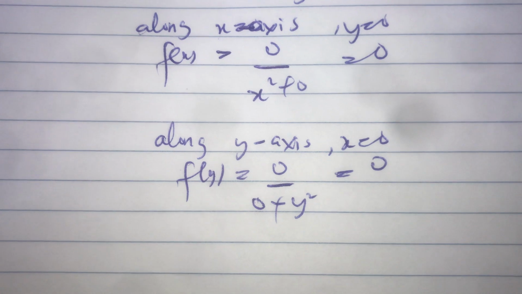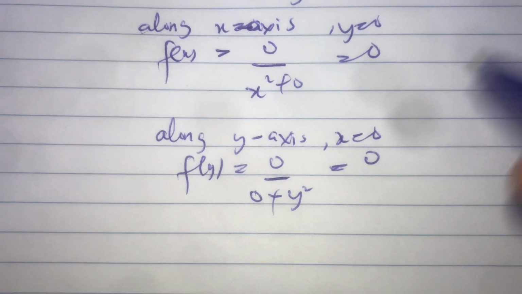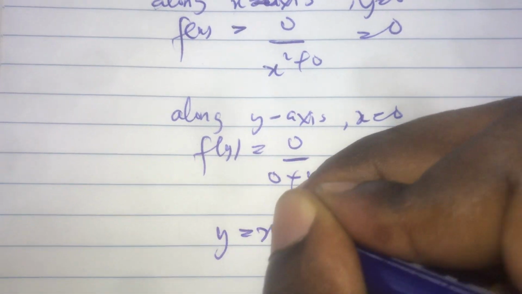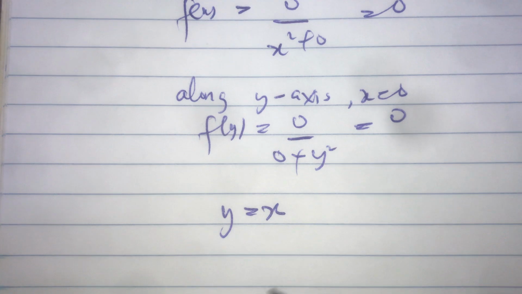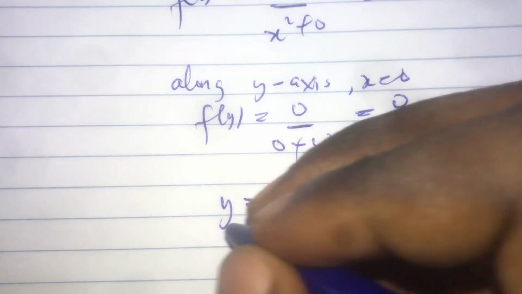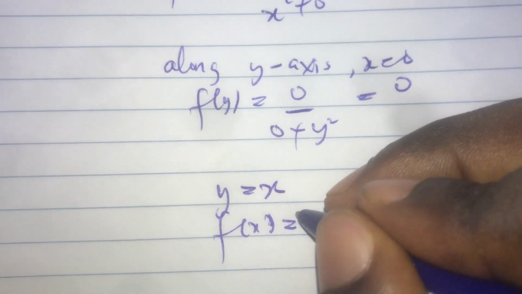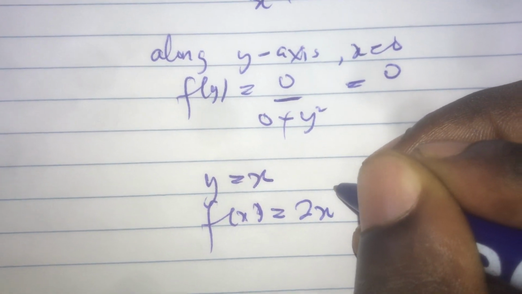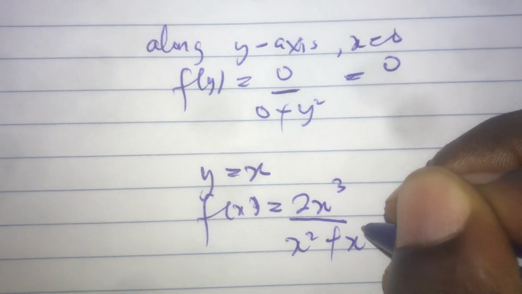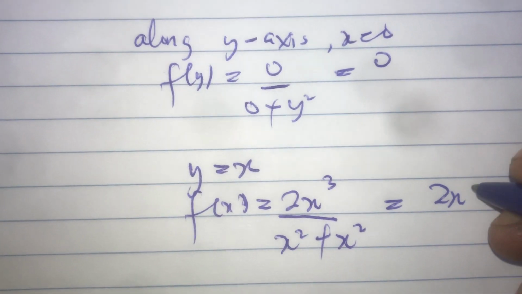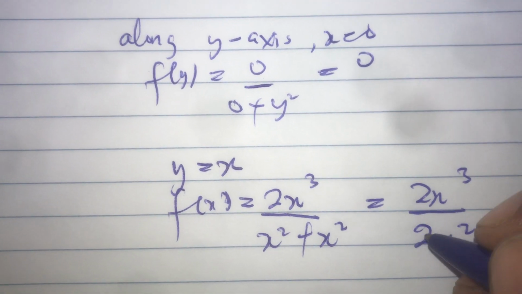So since x and y are approaching 0, then we can choose y equal to x to be our third pathway. So with y equal to x, our function becomes 2x cubed all over x squared plus x squared, which is 2x cubed over 2x squared.